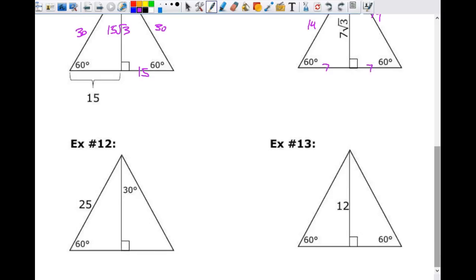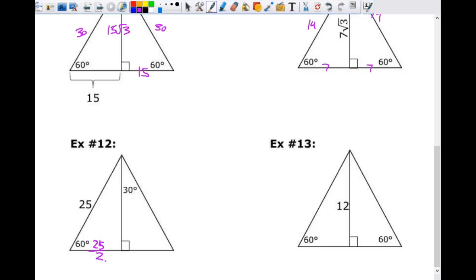This one, we're given the hypotenuse. The hypotenuse is twice as large as the short side. What's half of 25? 12.5. Another way we could write it is just 25 divided by 2.